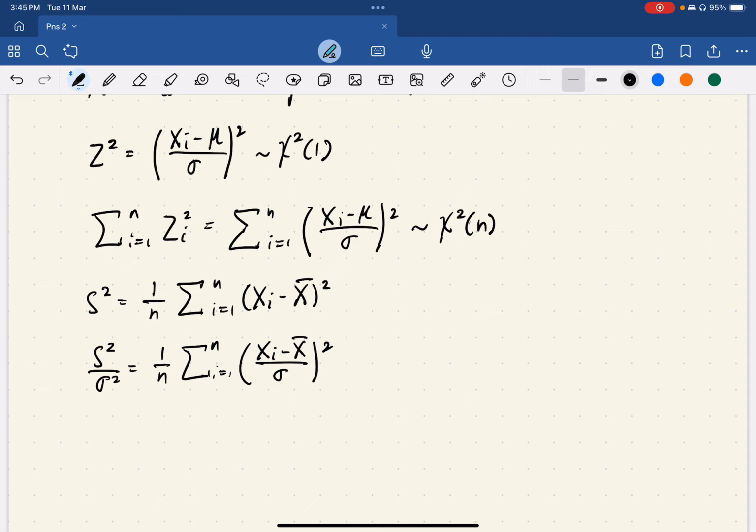Correct? And so this here is similar to this, right? Except that the mean is estimated from the sample.